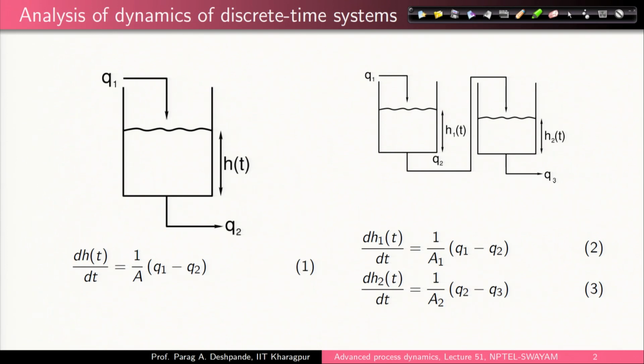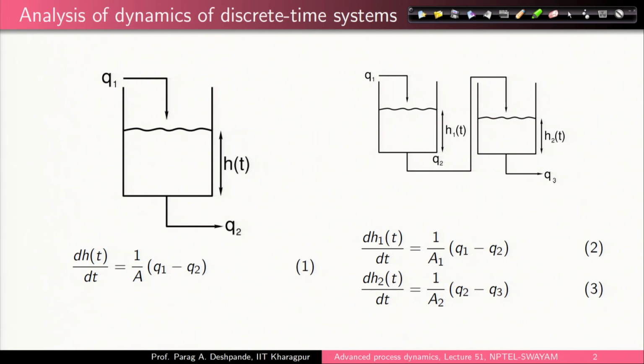We saw the response of this system subjected to various input functions. For example, how would the liquid level in the tank change when you subject the system to a step input, a ramp input, a rectangular pulse input, a sinusoidal input, and so on. We saw that the system always has a monotonous response.